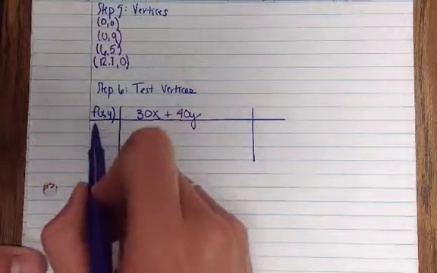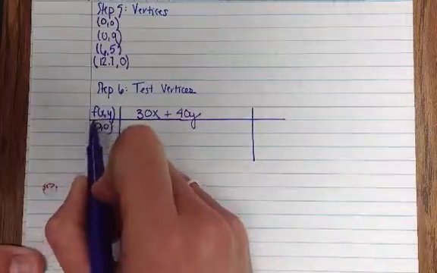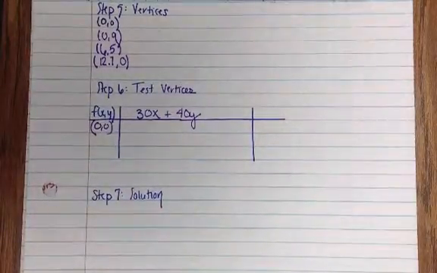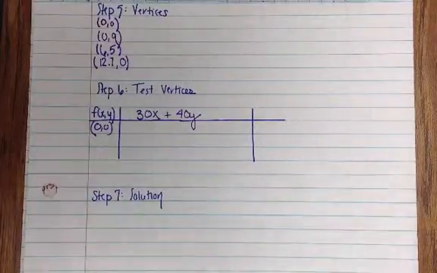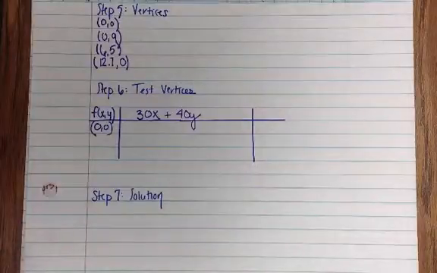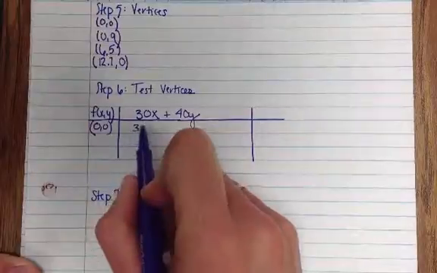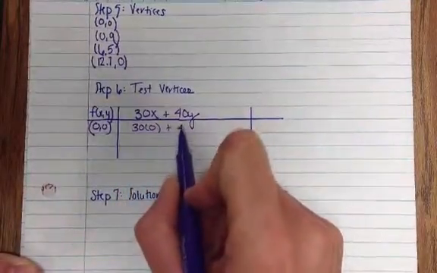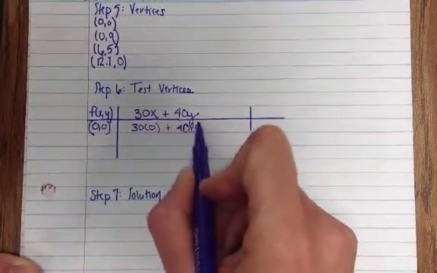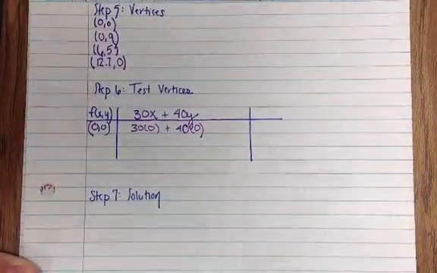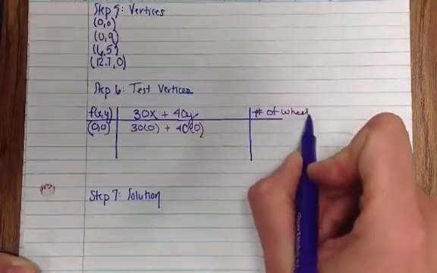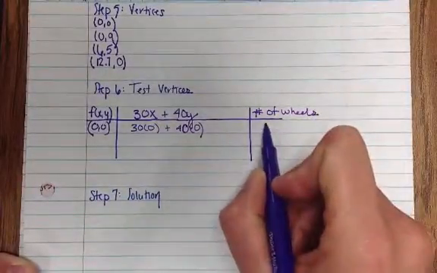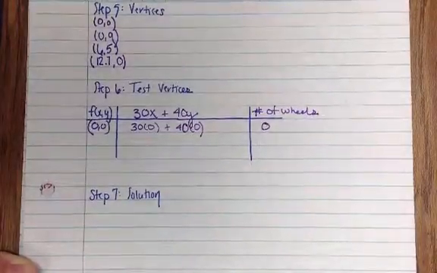So we're going to put in our vertices. So our first one is 0, 0. So again, these are those number of hours, and the outcome is going to be how much the steering wheels that we could produce using both functions, or maybe just one function or the other function. So this would be 30 times 0 plus 40 times 0. So if we do not use either the function, then the number of steering wheels that could be produced would be 0.